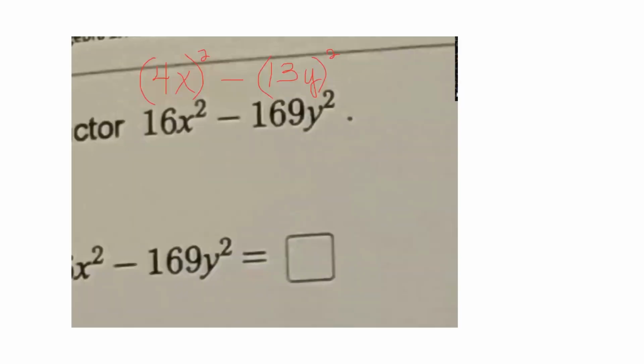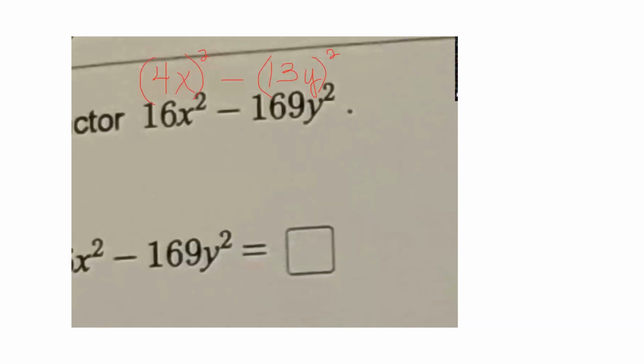Okay. So the square root of 16 is 4. The square root of x squared is x. So the square root of that whole thing is 4x. And then that means that that's 4x squared.